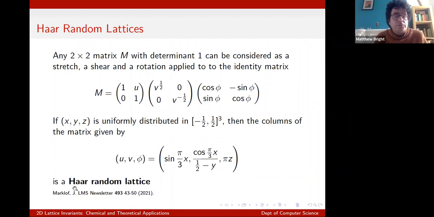Then you can generate explicitly a random lattice from some point in the interval cube between -1/2 and 1/2, with a very simple computation, and that gives you the random lattice.